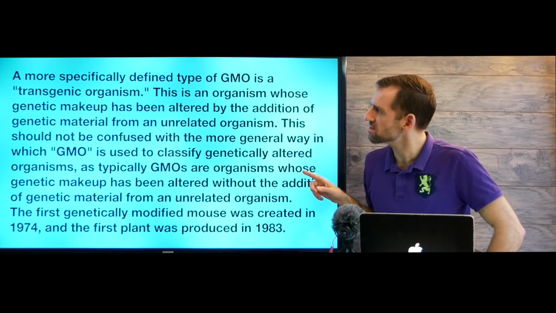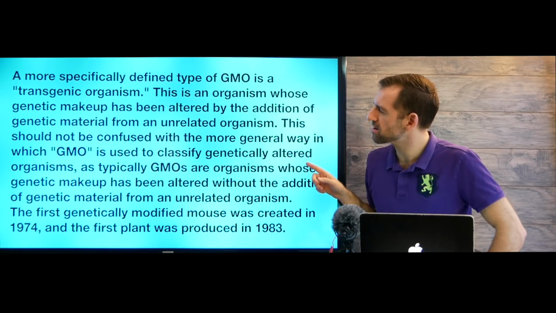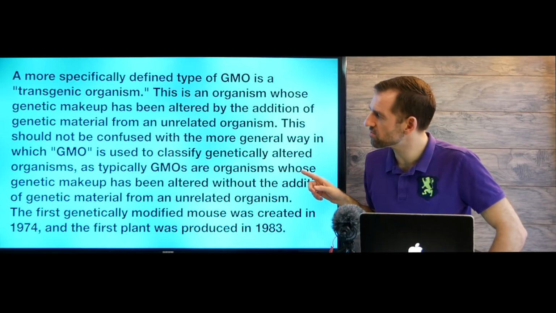A more specifically defined type of GMO is a transgenic organism. This is an organism whose genetic makeup has been altered by the addition of genetic material from an unrelated organism.